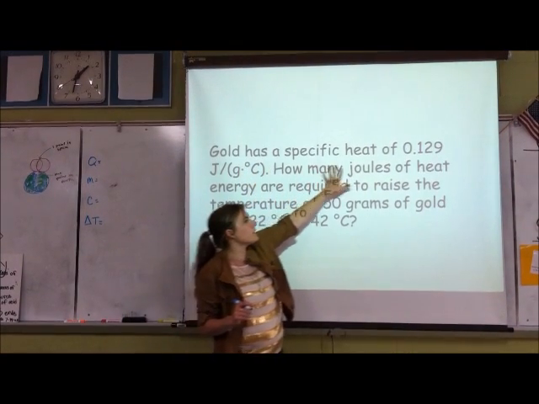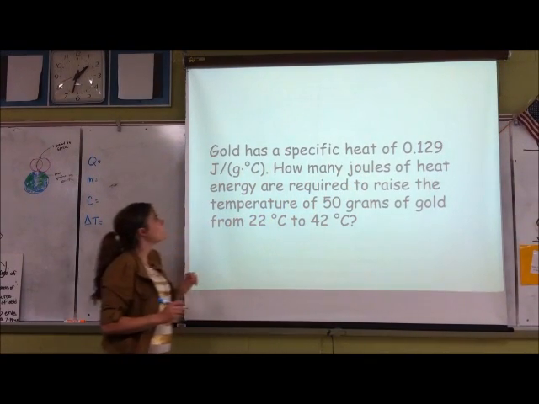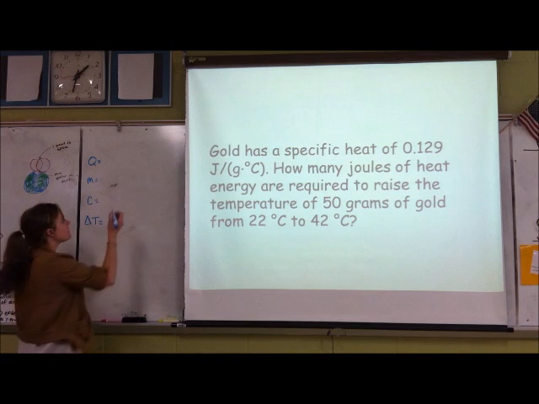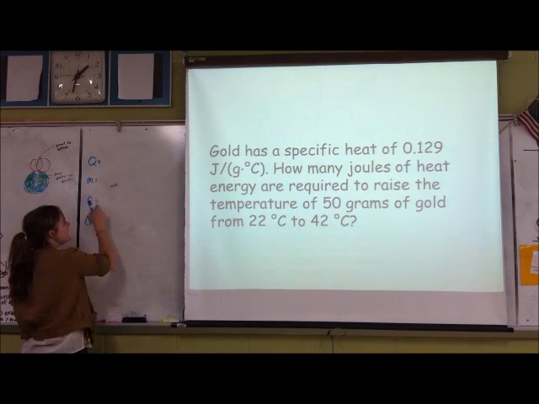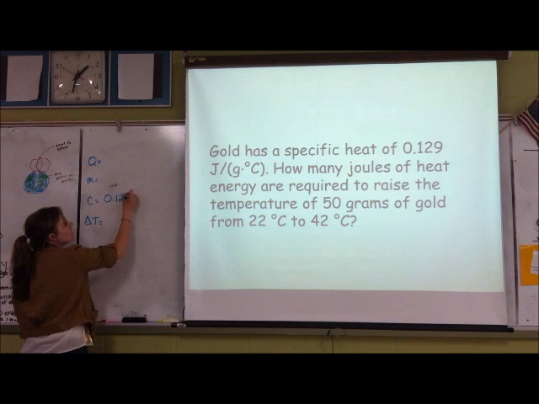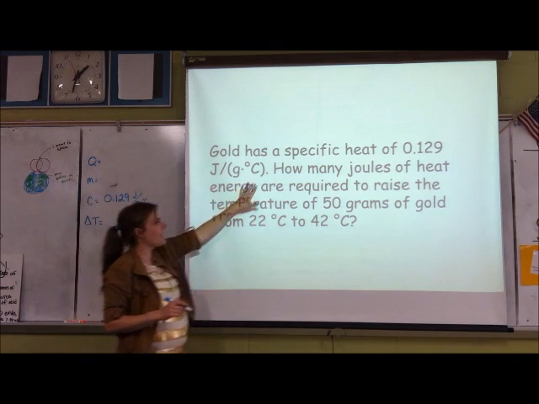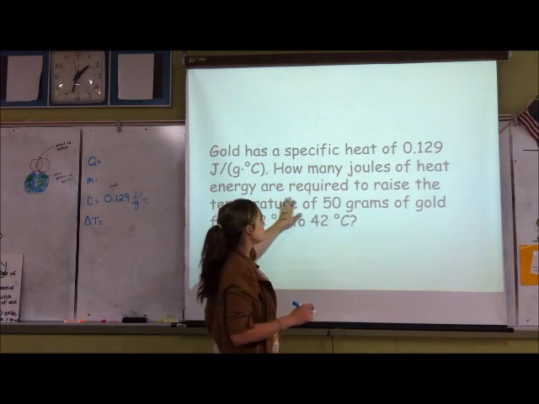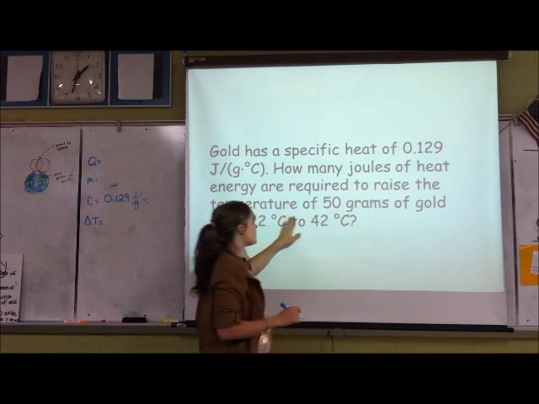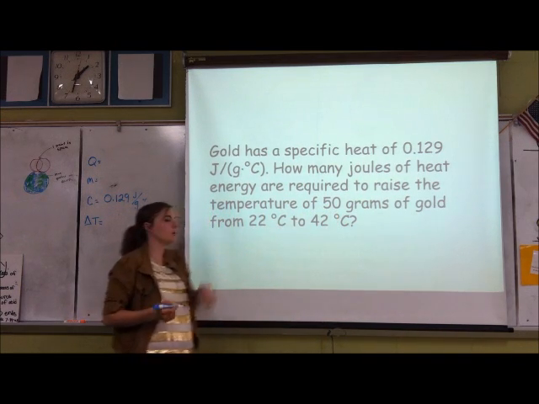Gold has a specific heat of 0.129 joules per gram Celsius. So specific heat, C, is 0.129 joules per gram Celsius. How many joules of heat energy are required to raise the temperature of 50 grams of gold?